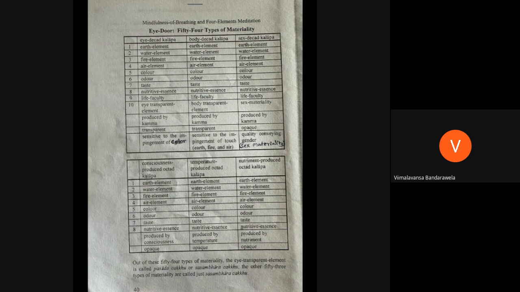And then you have ahara born materiality. Whatever food you take into the stomach, it will give ahara born materiality, or the nutriment born materiality. That means ahara produces this materiality. In the rupa kalapa also you have oja. Oja means aharaja rupa, ahara rupa, or nutriment materiality.